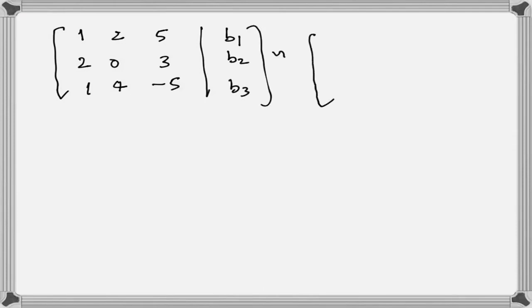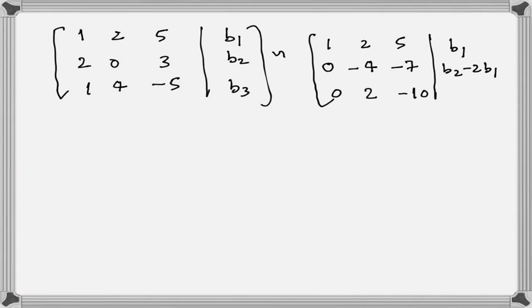So we write 1, 2, 5, b1, then we apply r2 minus 2r1, so this is 0, minus 4, 3 minus 10 is minus 7, and b2 minus 2b1. Then r3 minus r1, so 0, it's 2, and this is minus 10, and b3 minus b1.